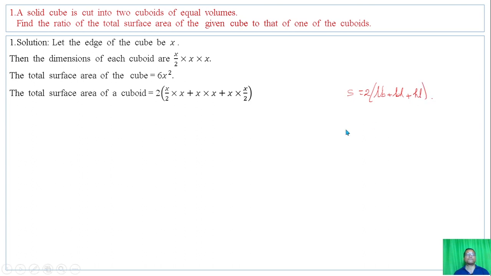Pansilaga receive hangani. Simplify taro 4x square. Thus the required ratio of cube is to cuboid having 6x square divided by 4x square, that is 3 by 2, that is 3 is to 2.